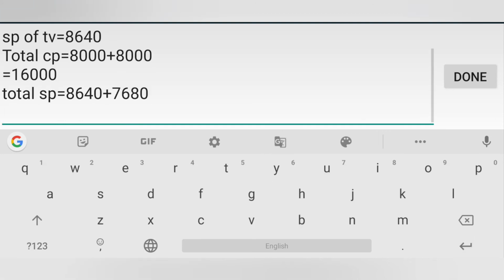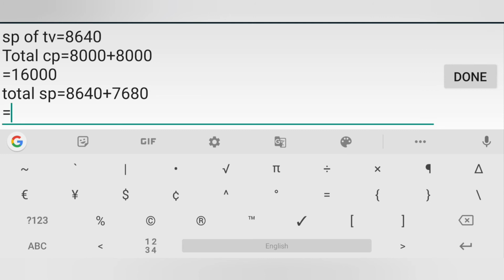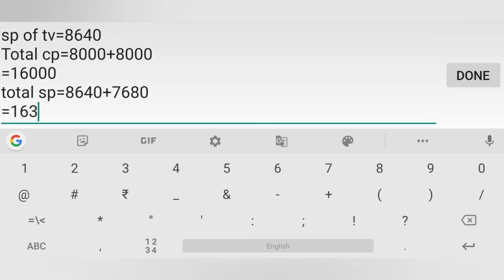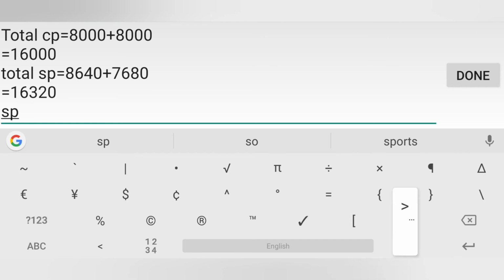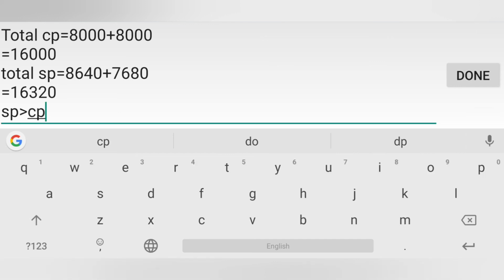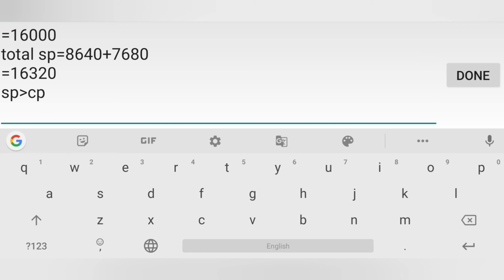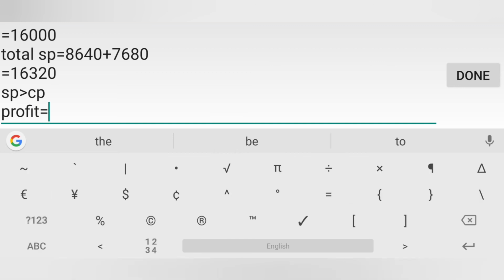So after adding them, we get 16320. So as we got the SP more than the CP, we know that if the SP is greater than the CP, then there is profit, and if the CP is greater than SP, then it's loss.